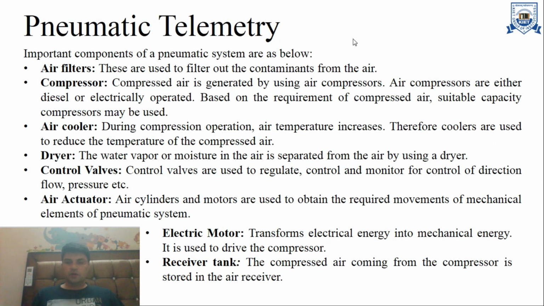Pneumatic telemetry systems consist of the following parts. First, the air filter. These are used to filter out contamination from the air, meaning any extra element available in air can be removed using air filters. Compressor: compressed air is generated by using an air compressor. Air compressors are either diesel operated or electrically operated.